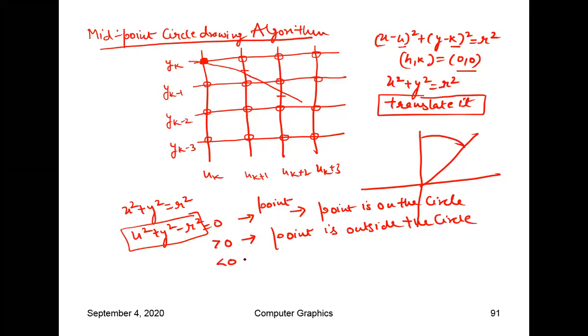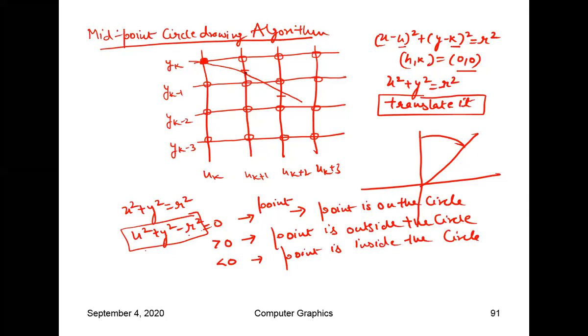And if it is less than 0, it means that point is inside the circle. So for that middle point, we'll be calculating this x square plus y square minus r square.